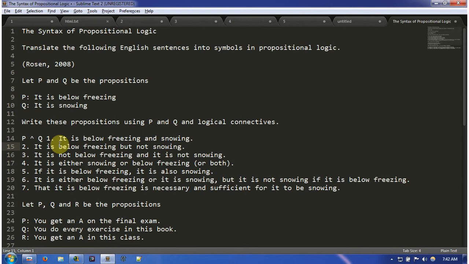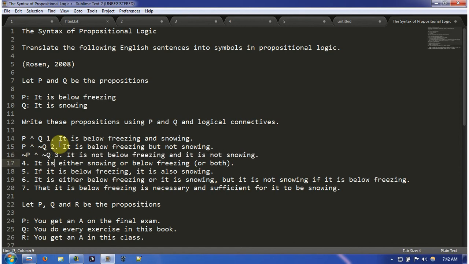It is below freezing, but, that's an and, not snowing. Next, number 3, it is not below freezing and it is not snowing. It is not below freezing and it is not snowing.